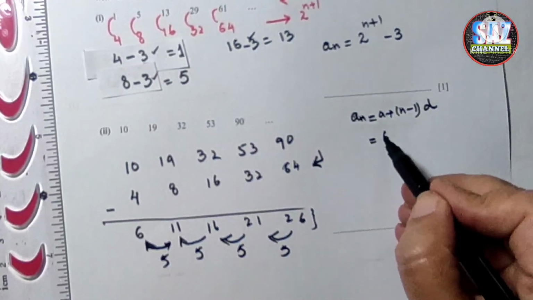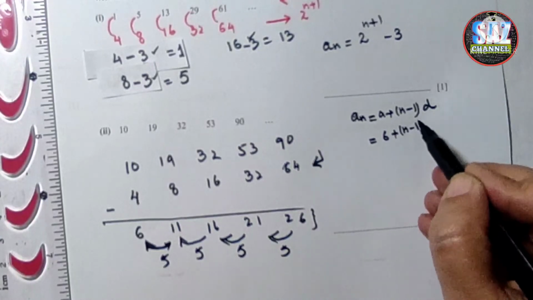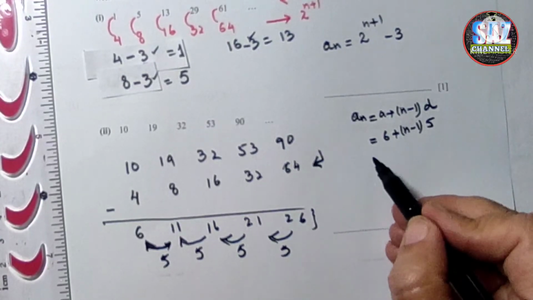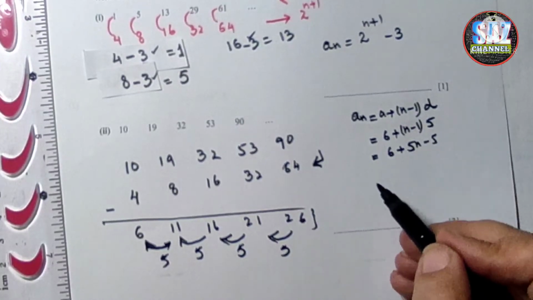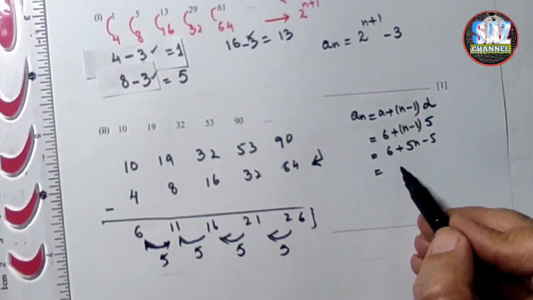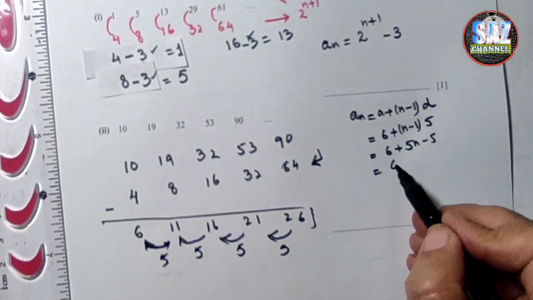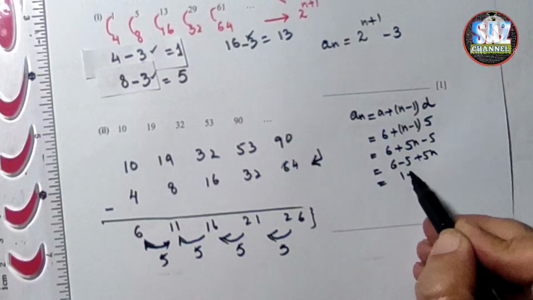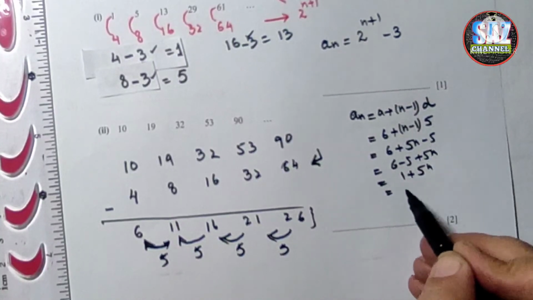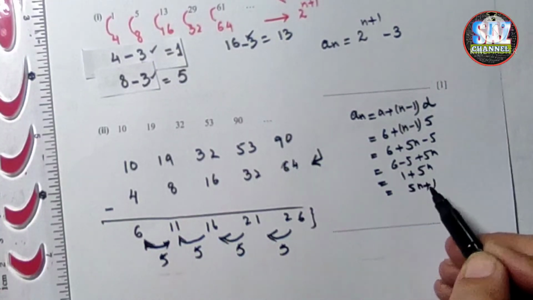With a as 6 and common difference 5, that gives 6 plus 5n minus 5, which gives 5n plus 1.